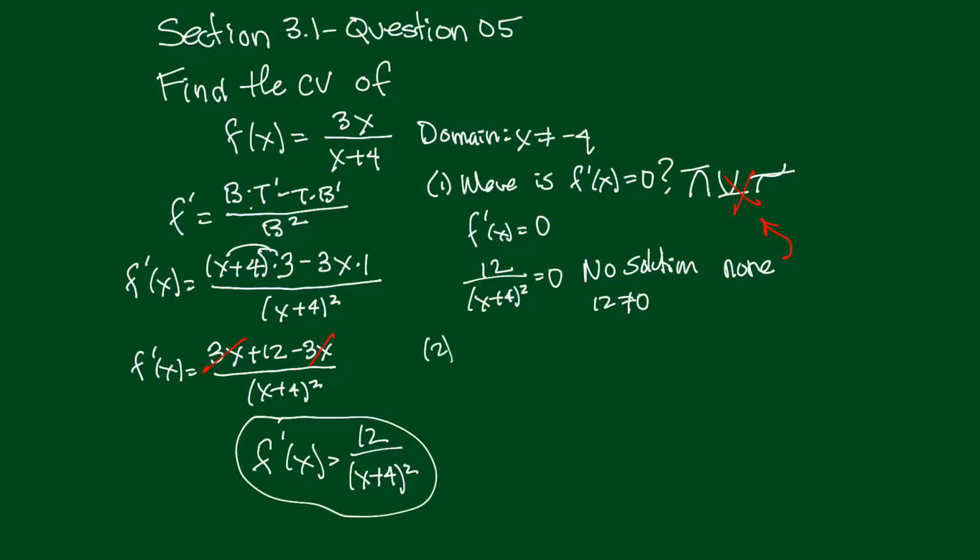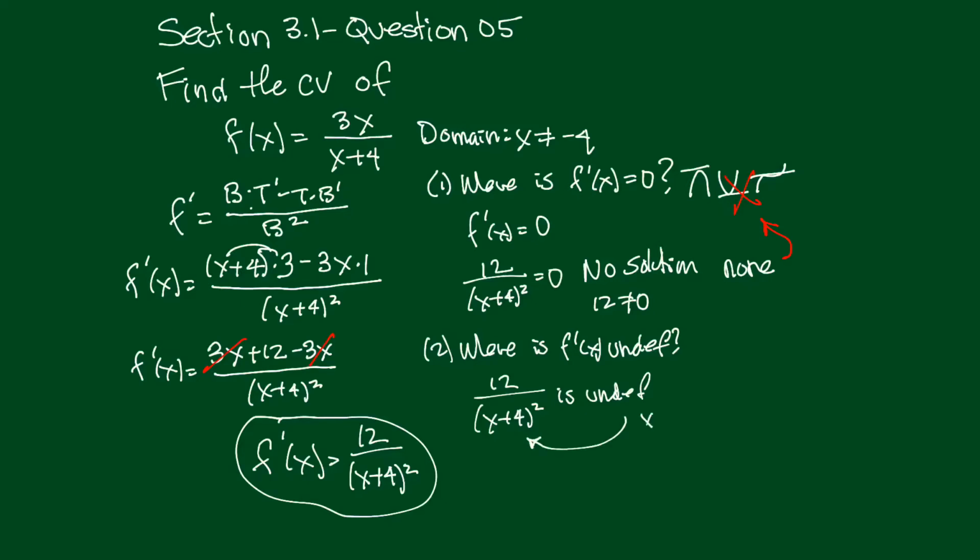And the second question is, where is f prime of x undefined? Well, the only place that this 12 over x plus 4 squared is undefined is when x equals -4.